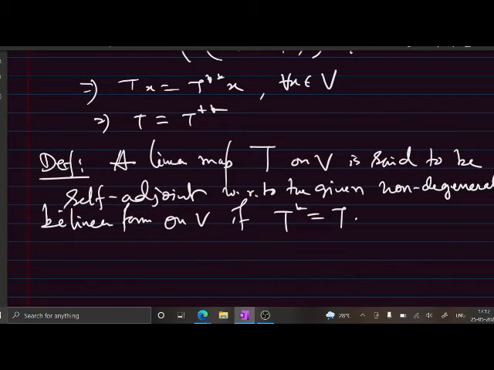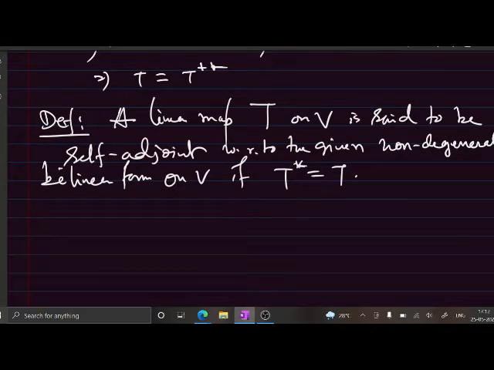So if T star is T, then we call it a self-adjoint operator.